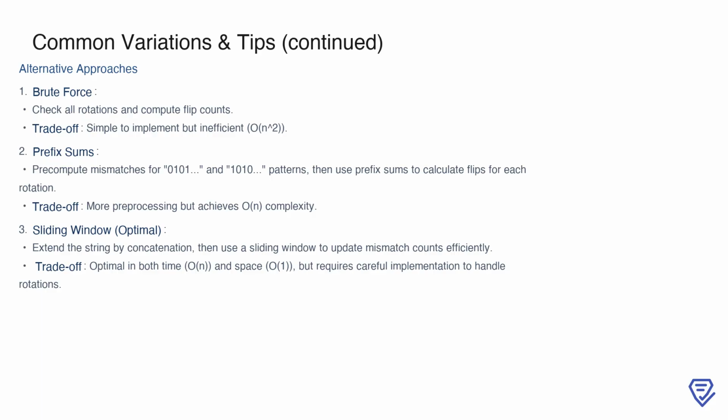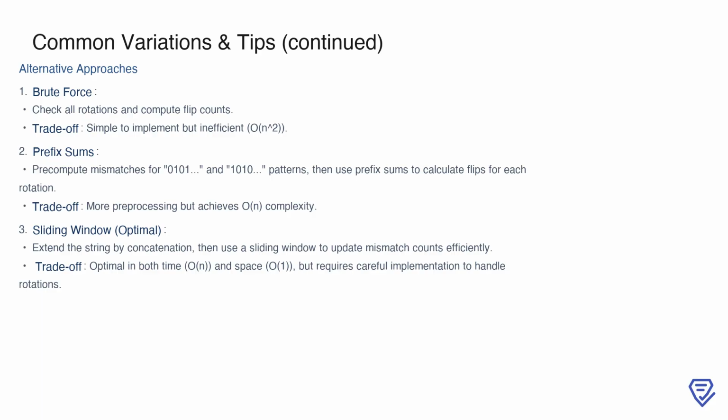There are multiple approaches to solving this problem, each with its trade-offs. A brute force method involves checking all possible rotations and calculating flip counts for each, but this approach is inefficient with a complexity of n squared. A more advanced option is to use prefix sums, where you pre-compute mismatches for both patterns and leverage these sums to quickly calculate flips for each rotation.